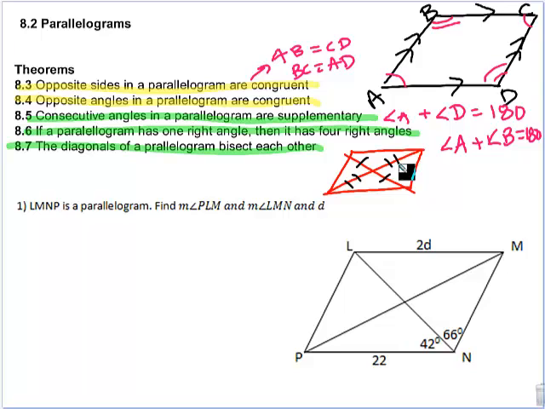Okay, so the first angle, PLM? Or did you say angle N? Okay. What would angle N have to be if this one's 42 degrees and that's 66 degrees? 108. I'm glad your adding skills are awesome.